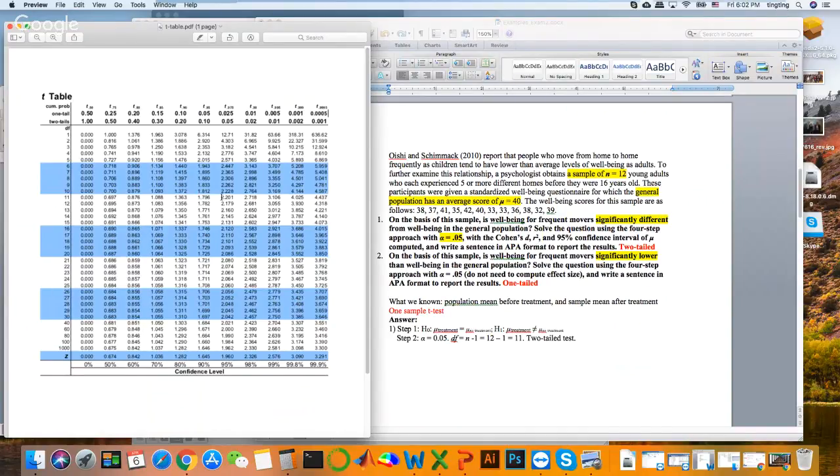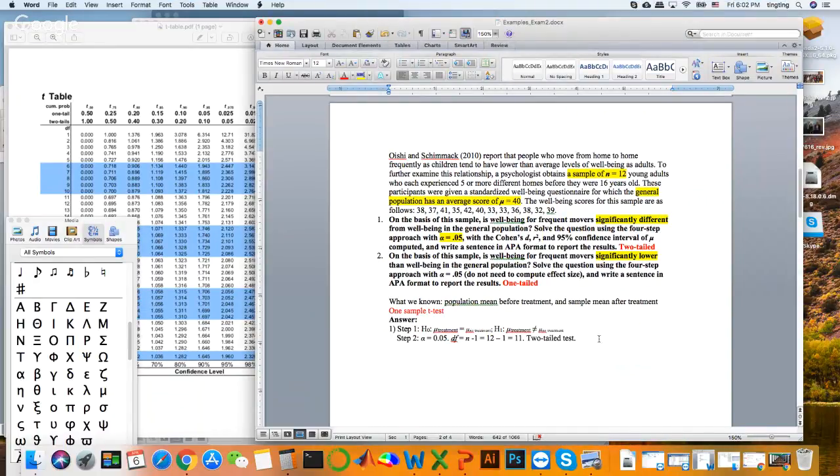Okay, we find this number. Critical region is t smaller than negative 2.21 and t greater than positive 2.01.